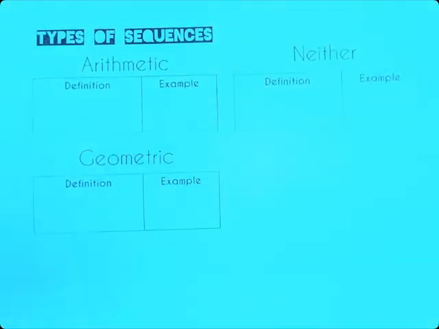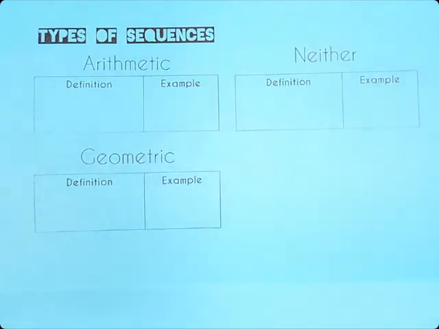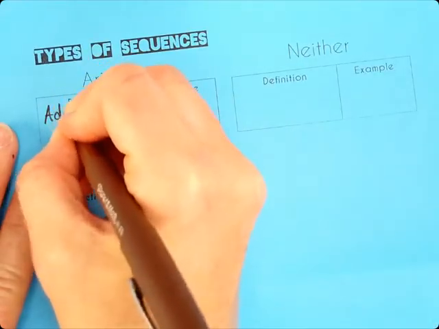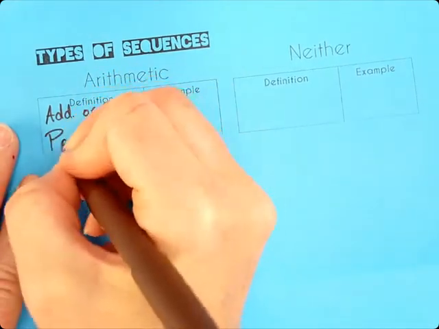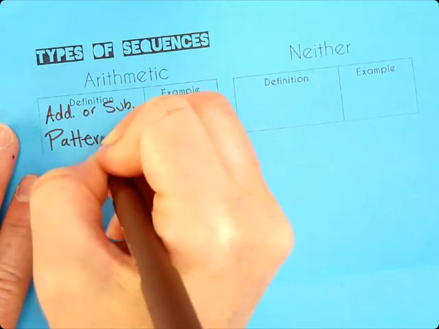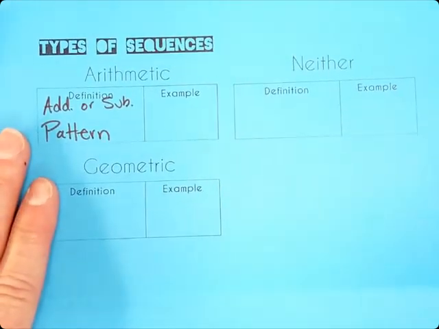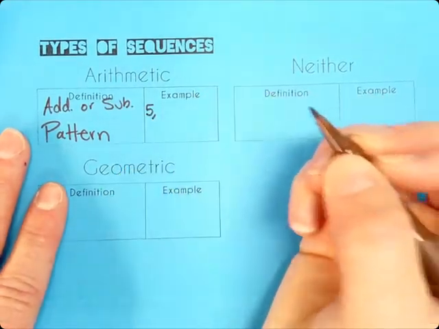All right, let's look at the next page. We are going to have to determine whether a sequence is arithmetic, neither, or geometric. Arithmetic has some kind of add or subtract pattern. An example: let's do 5, and let's add 5 every time.